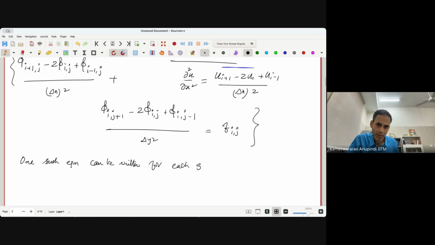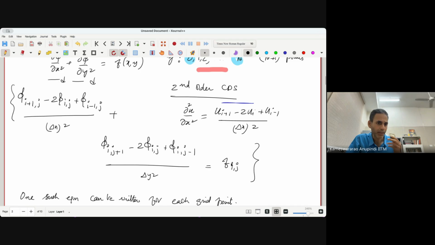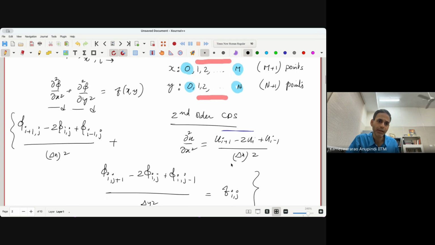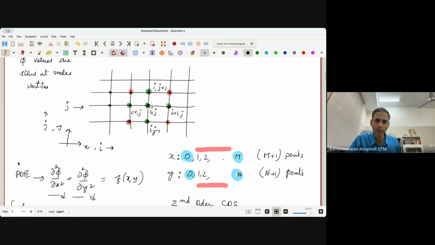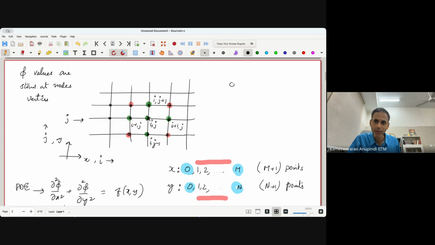By discretizing this, we have already converted the partial differential equation into an algebraic equation, right? This is an algebraic equation because this is purely in terms of phi values, which are unknowns, which we want to solve. So our aim is to solve for how phi varies over this entire domain.